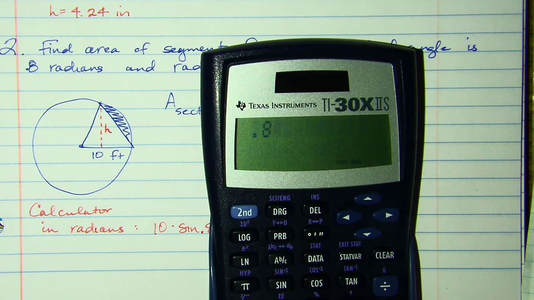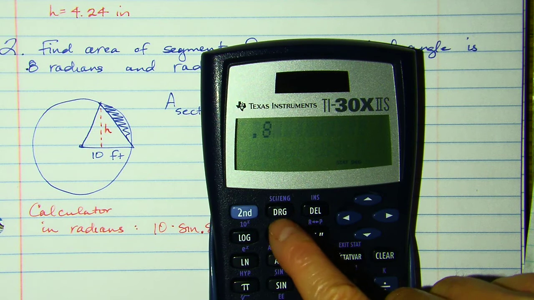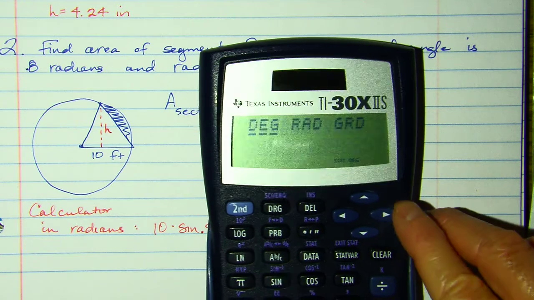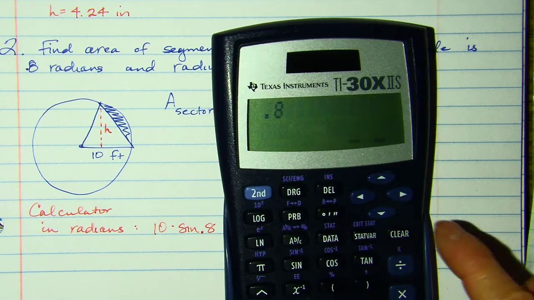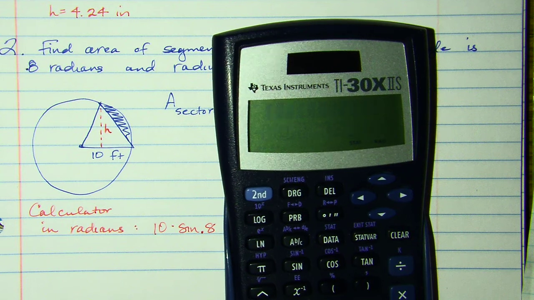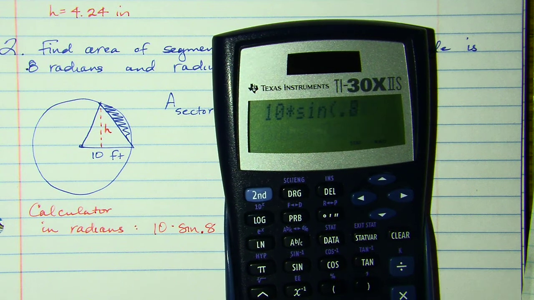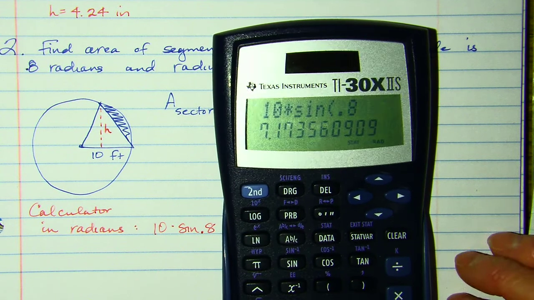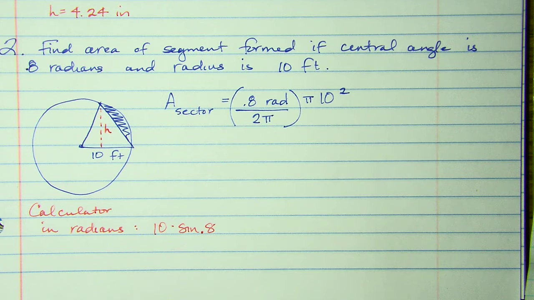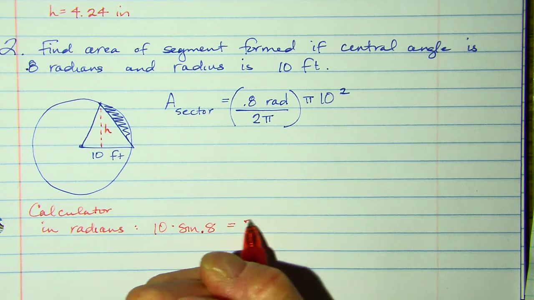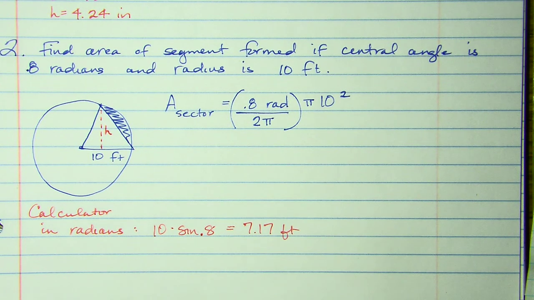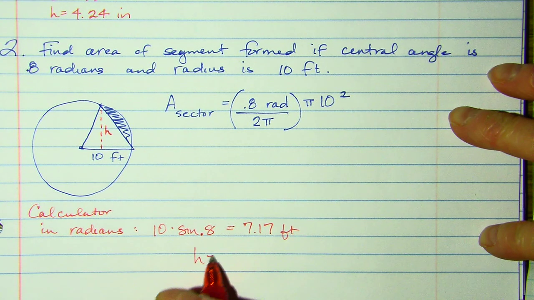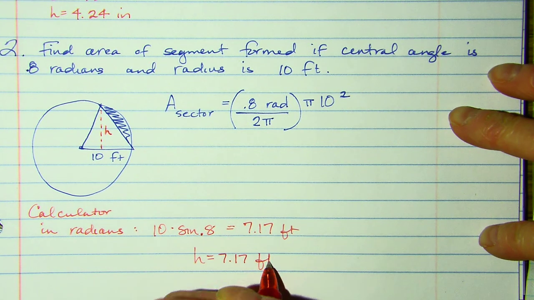If I want to change that, there's a DRG, and then I can go to radians, and then I'm able to find 10 times the sine of 0.8, and it gives me 7.17. So the height equals 7.17 feet.